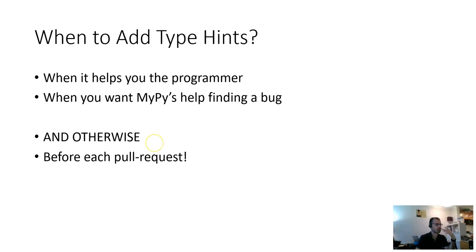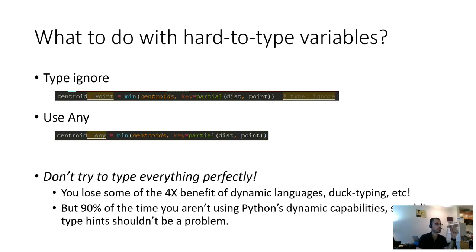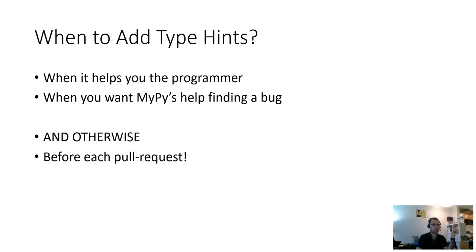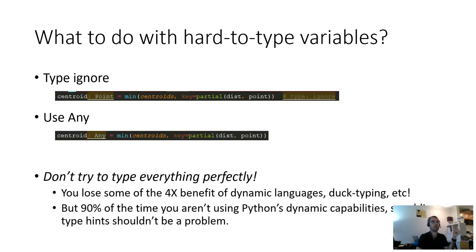So I wouldn't necessarily try to add them early on unless they're helping you out. But before the pull request, yeah, you can add the types, and then you can have MyPy run with more type information and catch more bugs, and have better documentation for other programmers, your reviewers, for example.